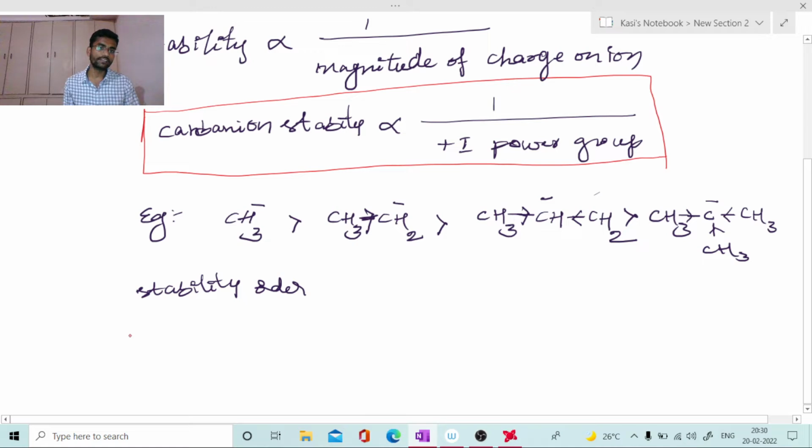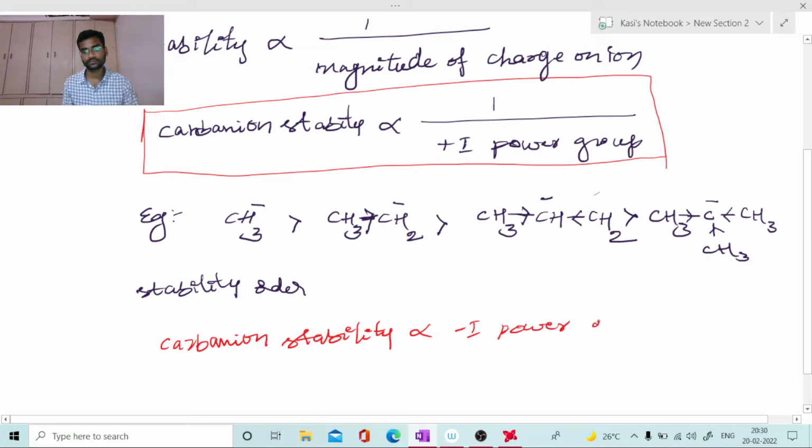The next one is, if the minus I groups increase, carbanion stability is directly proportional to the minus I power of the groups. So how it is happening, see here. Suppose you take the example of minus I groups: halogens, that is fluorine, chlorine, bromine, iodine.